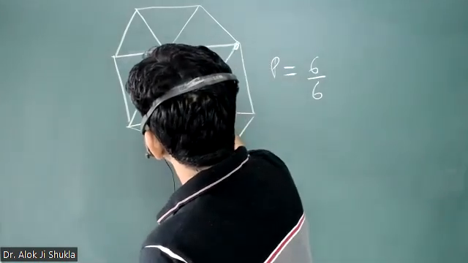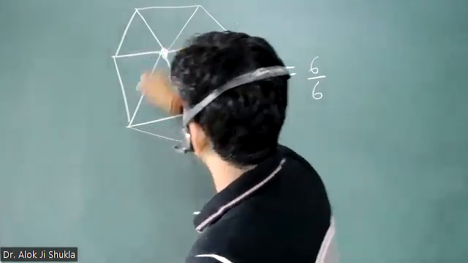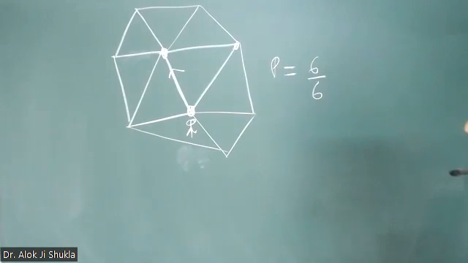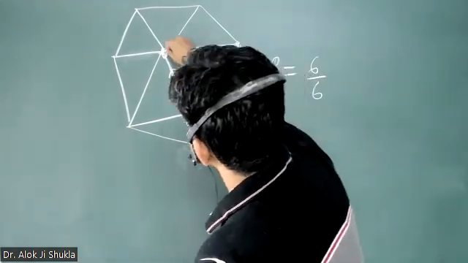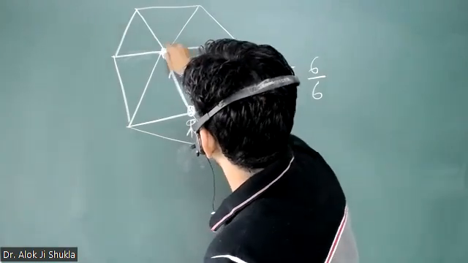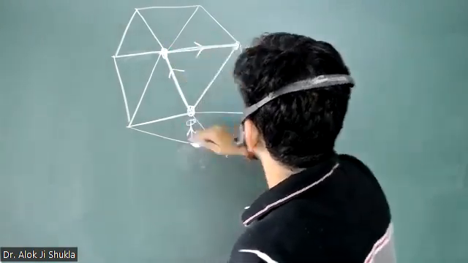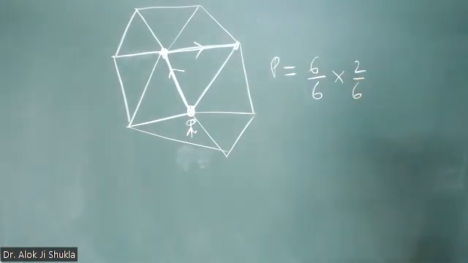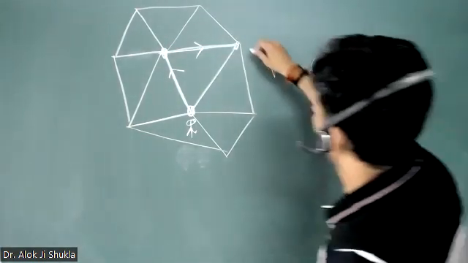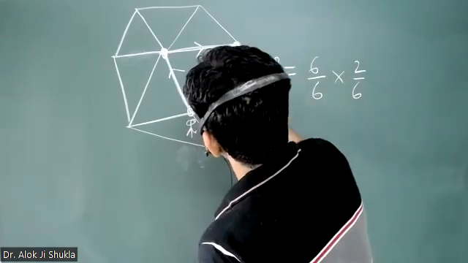Now suppose you have taken this path and you reached here. 2 directions हैं only, अगर वापस आना है तो. So either you can come like this or you can go like this. So it is 2/6. अब 1 डायरेक्शन है वापस आने के लिए, and अब यहाँ पहुंचने के बाद there is only one way.